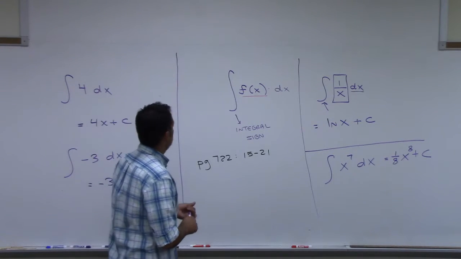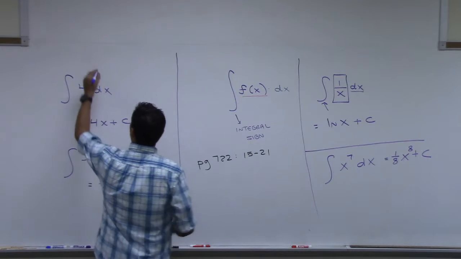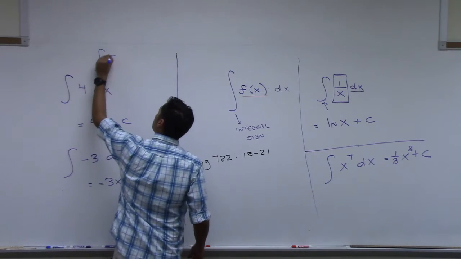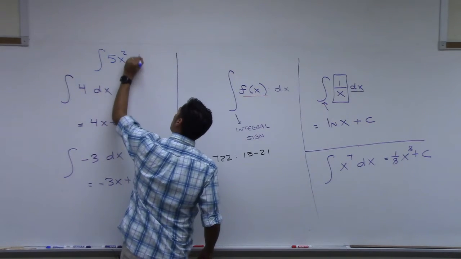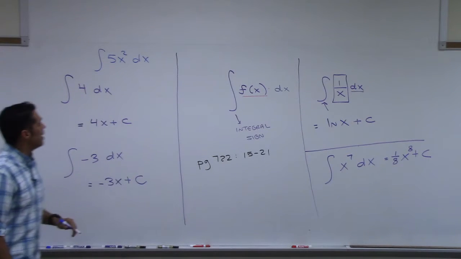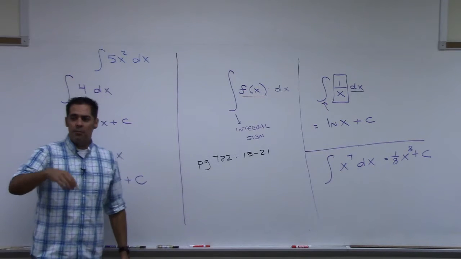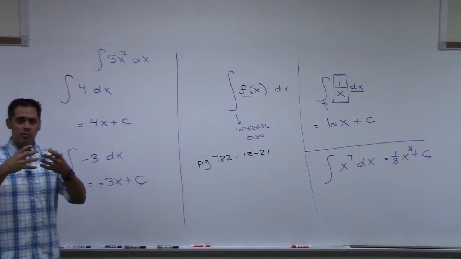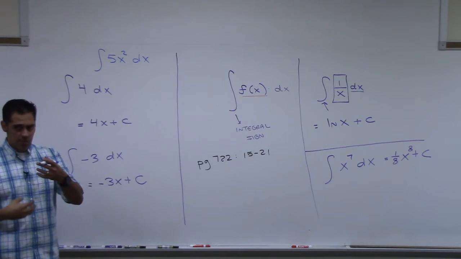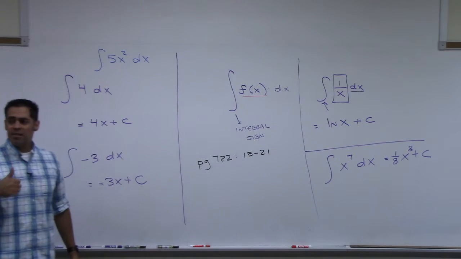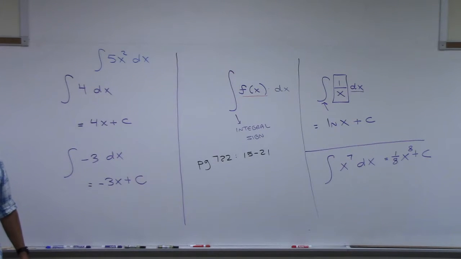Now, when you get to that homework set, you might see something like this, and I know this is going to cause a problem, so that's why I want to address it real quick. Do you remember that when we were taking derivatives, if we had a constant attached to a function, we could just bring it for the ride? It works the same way when you go backwards, antiderivative.